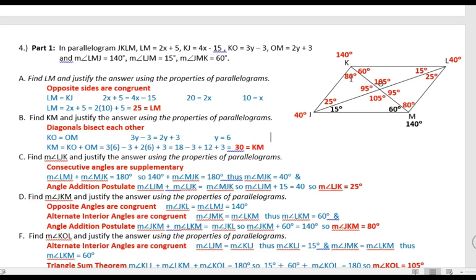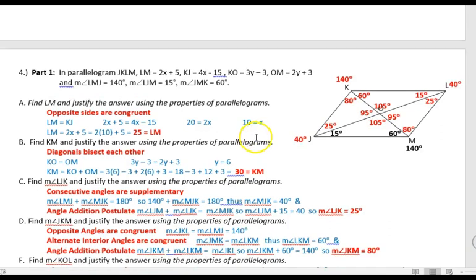I could do that as well. Actually, I'd have to do the 60 first. Sorry, 60 was the one that we were given. So 60 is congruent with 60 because they're alternate interior angles. And then I would subtract the 60 from the 140 to get this 80 right here.